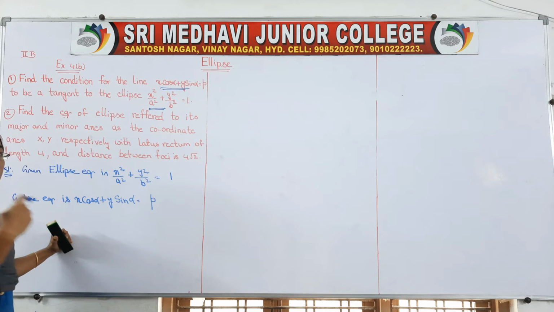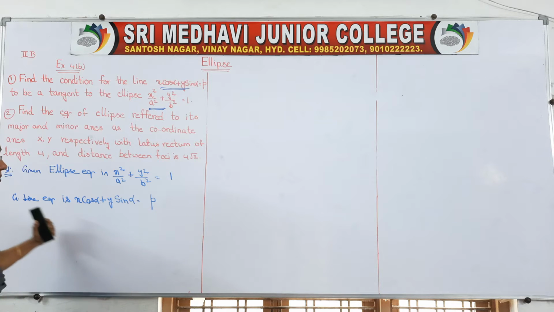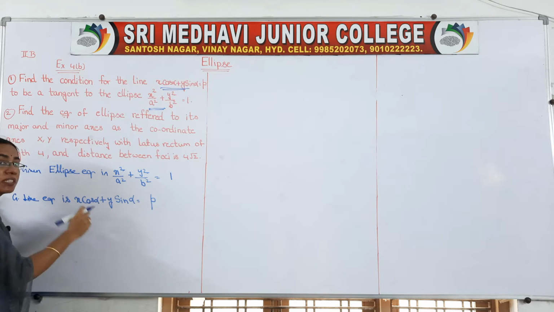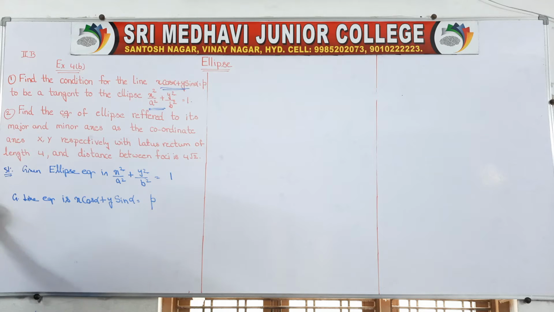From the standard form we will get a value, b value. We can substitute the condition for the line to be a tangent is c square is equal to a square m square plus b square form. So for that sake, reduce this into y is equal to mx plus c form.